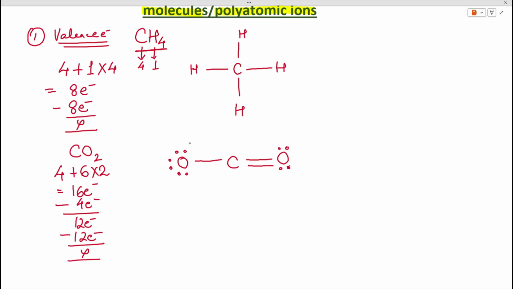We are going to do the same thing on the other side, because after that sharing it still has 6. We need to make it 8. So removing one more lone pair and putting it as a bond pair. Now the oxygens are all fine. 1, 2, 3, 4, 5, 6, 7, 8. And now the carbon is also stable with its 8 electrons.